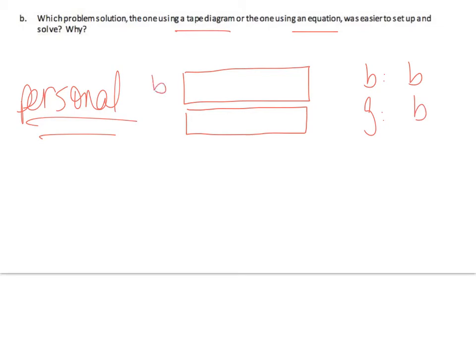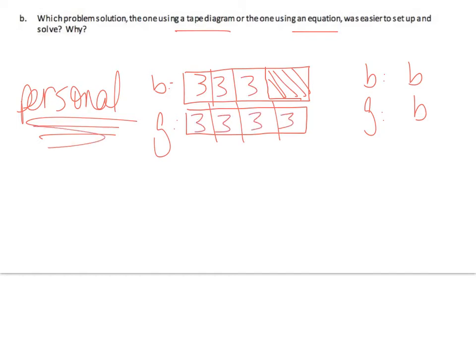But this was very visual, I saw that they were equal, and then when 3 left, I sort of knew how to separate the rest of my drawing, which was nice. But it's a very personal answer, whichever you like. Like I said, getting the answer isn't always the most important part of the problem. The process is really important, and how to get there.